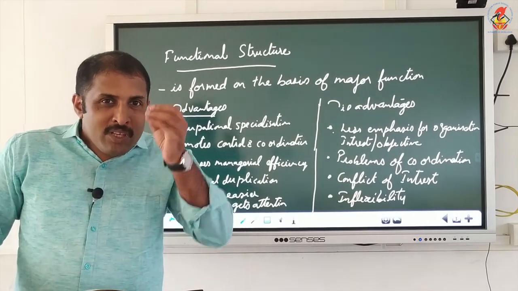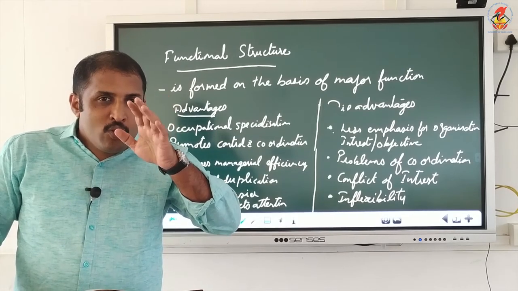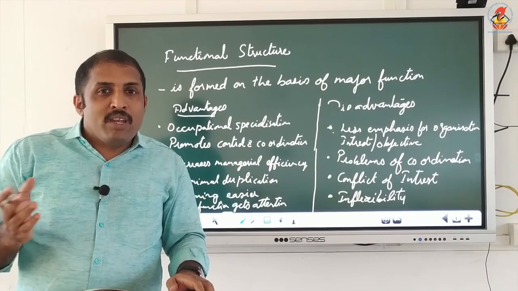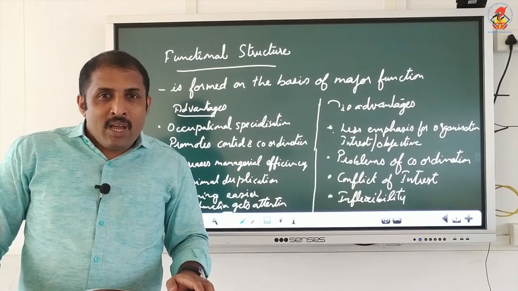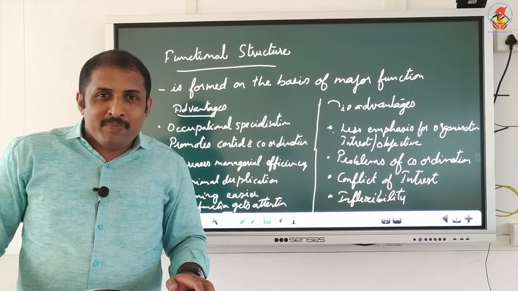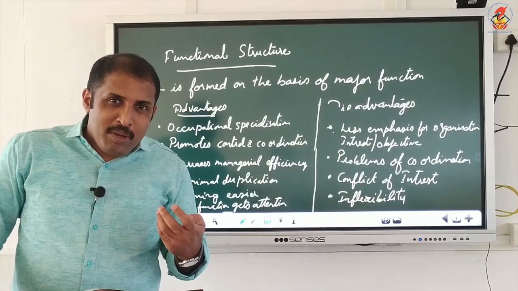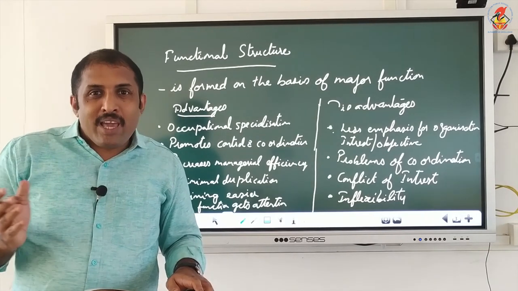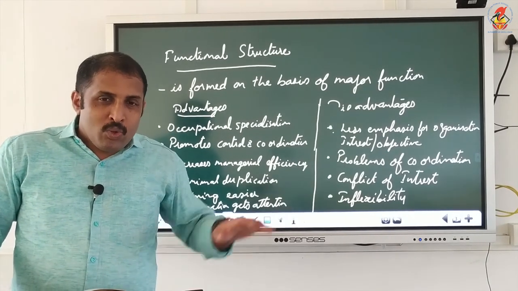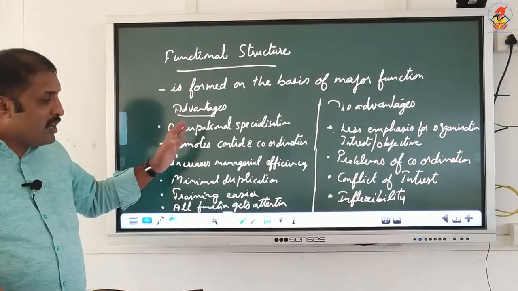So when two people with similar skills are there, narrow perspectives may be built among them, and they may not be able to accept each other. That can also be a problem. So that is all about functional structure.